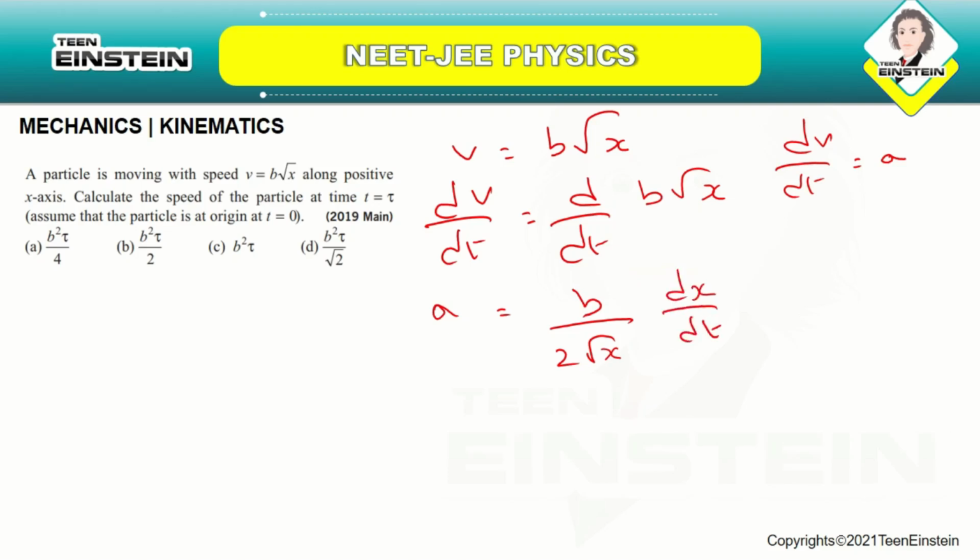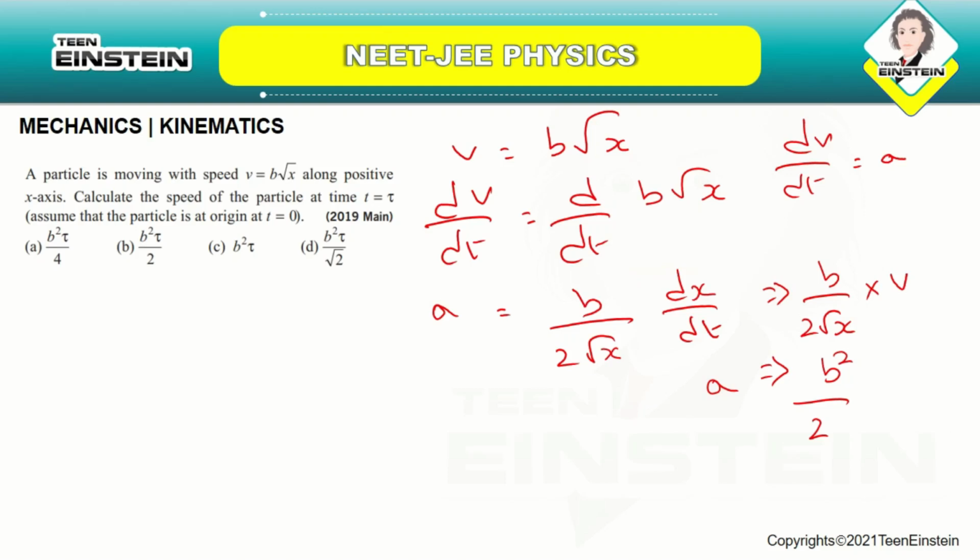Or you can rearrange this and write dx by dt as v. So you can write that as b by 2 root x into v, and v is equal to b root x. You can substitute that, and you will be getting b square by 2. a is equal to b square by 2.